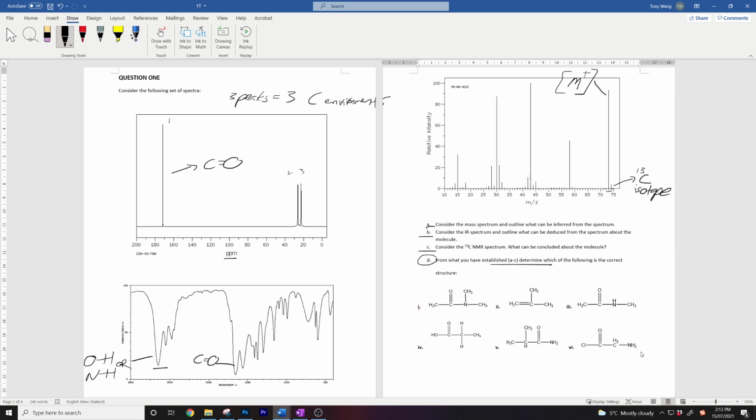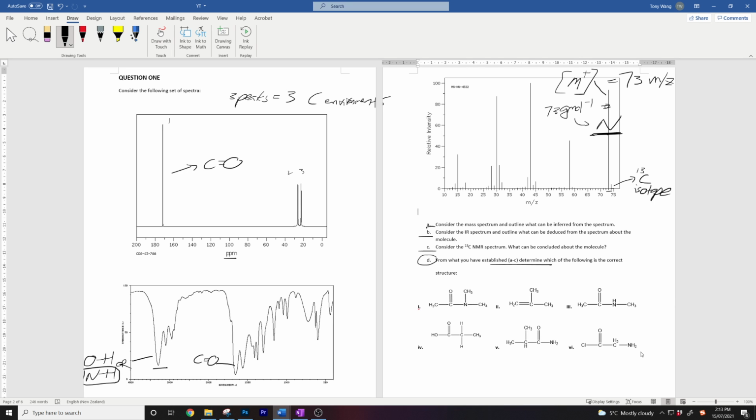So the molecular ion is 73 mass to charge ratio, so the molar mass is 73 grams per mole, and that means you will have at least 1 nitrogen. So if you have at least 1 nitrogen, that means over here this is most likely an NH. Okay, so that's pretty straightforward.